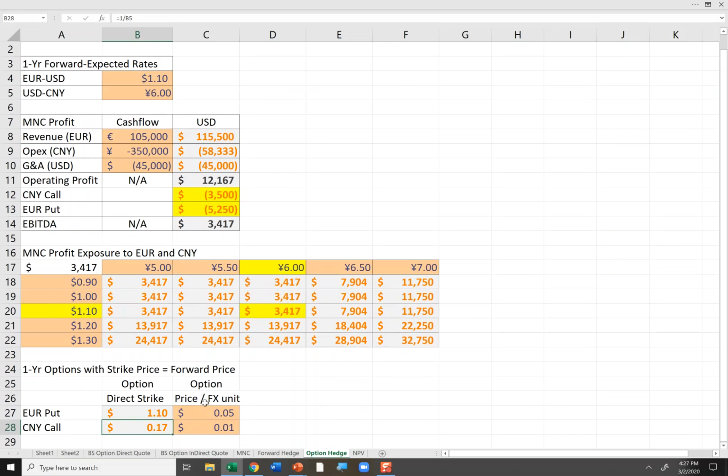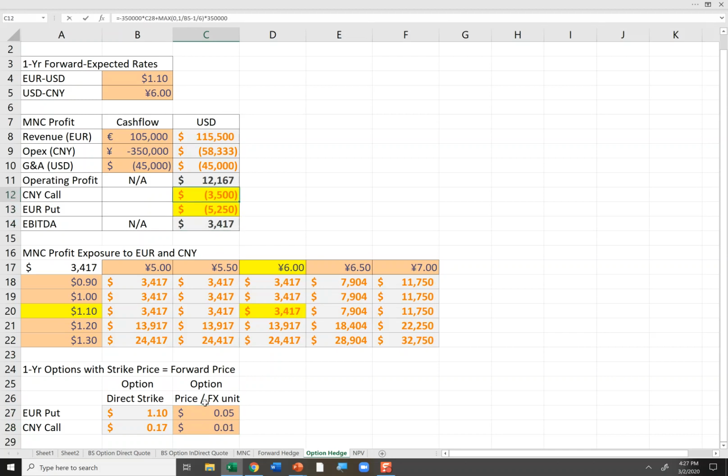And a call to buy 350,000 yuan at 1/6. I'm not going to use Black-Scholes. Let's say the price of those options is 5 cents per put and 1 cent per call, just for simplicity, so I didn't have a lot of decimal places. These are the premiums for the options.